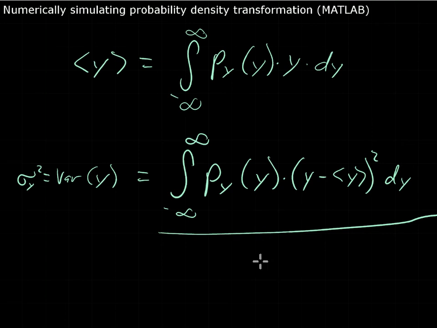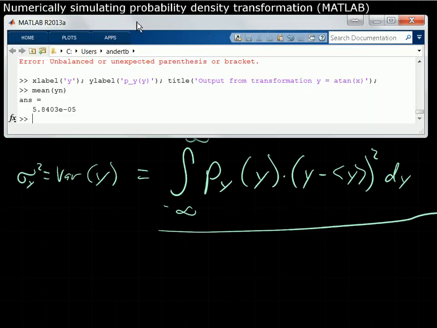So we say in MATLAB, sum of p sub y, we'll do a vector multiply y minus the mean value of y, and actually I think let me recalculate. I'm going to cut this.